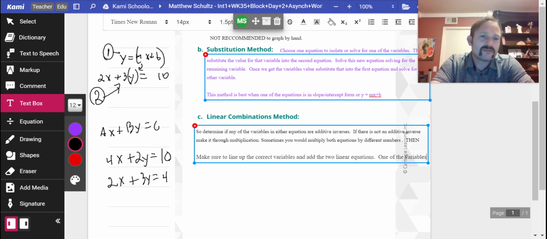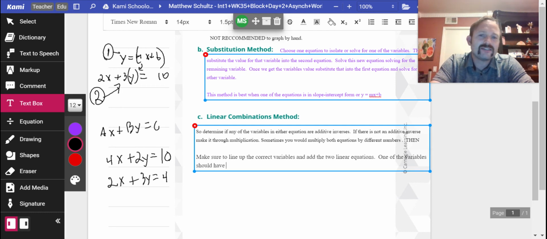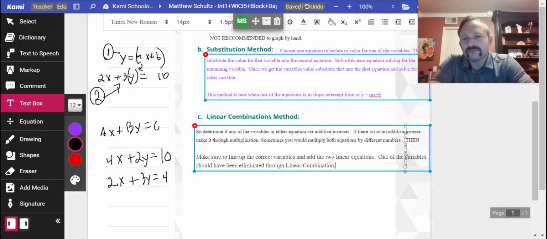One of the variables should have been eliminated through a linear combination. So like on that, the 4x minus 4x would go away, and then we'd be left with y's.